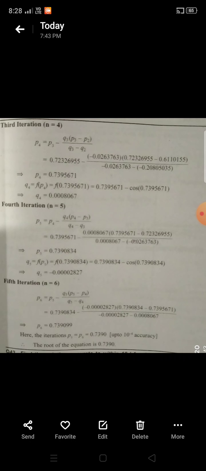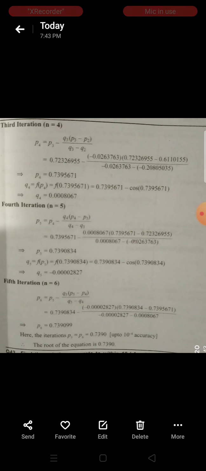After simplify, we get the value P4 is equal to 0.7395671. Now we will find Q4.